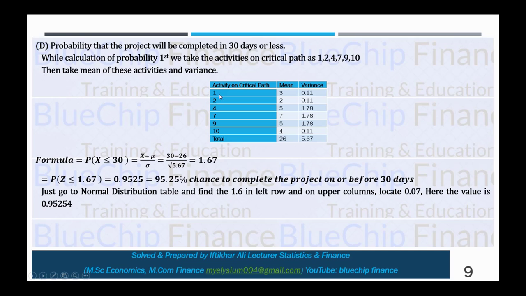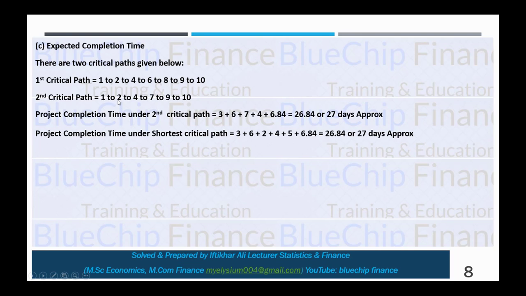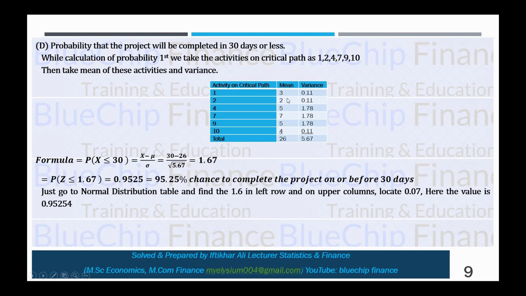If we follow this path, 1 to 2, 2 to 4, 4 to 7, 7 to 9 and 9 to 10, for these specific critical activities, the relevant means are given here, 3, 2, 5, 7, 5, 4, and the variances are given here, 0.11, 0.11, 1.78 and so on, and their sums are also given here.